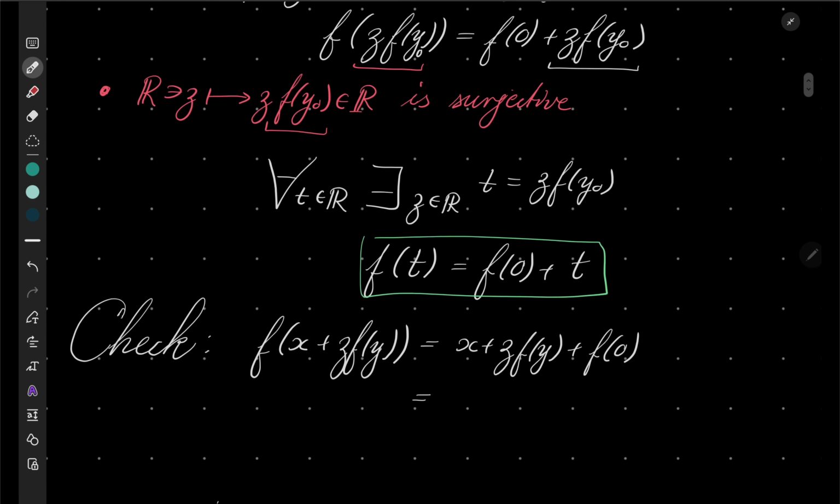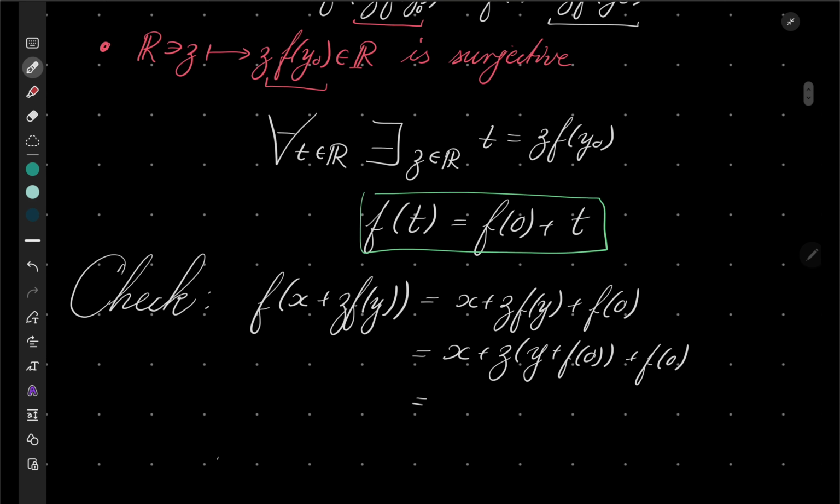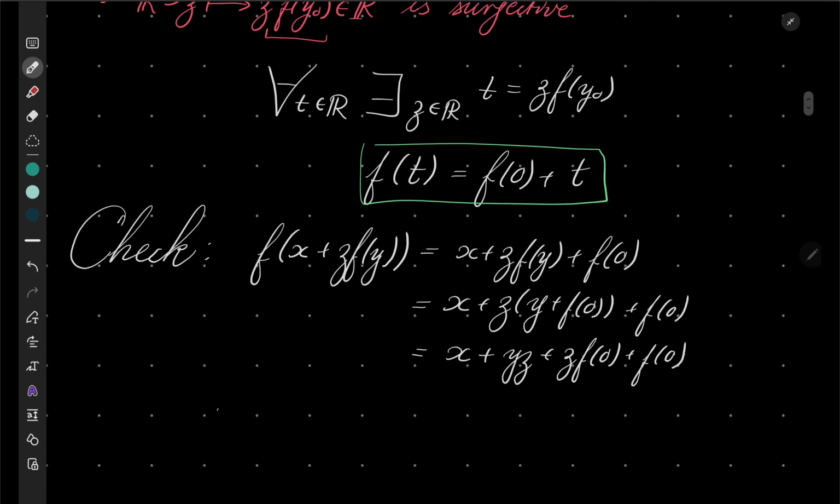Once more, we have f(y), and f(y) is y + f(0). So it's just x + yz + z f(0) + f(0). It was the left hand side.